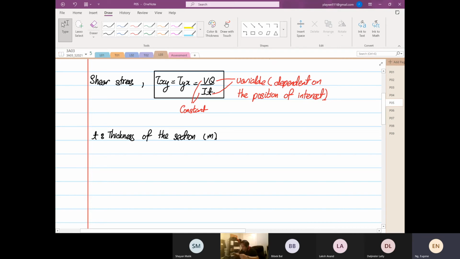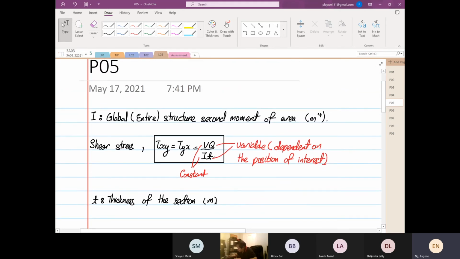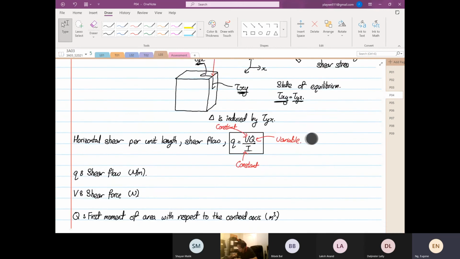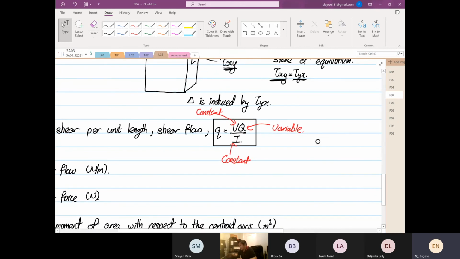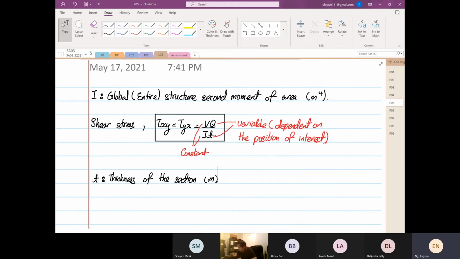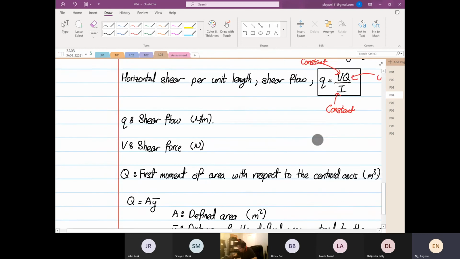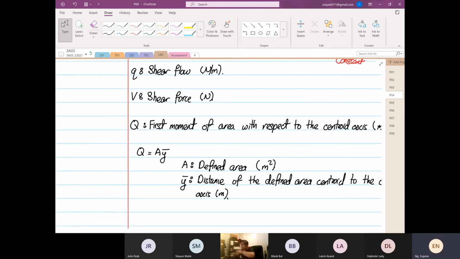As I say, there are only two or three formulas. The first one is the shear flow, which is equal to VQ over I. The second one is the shear stress, VQ over IT, and then to find Q, which is the first moment of area, is equal to A Y bar.